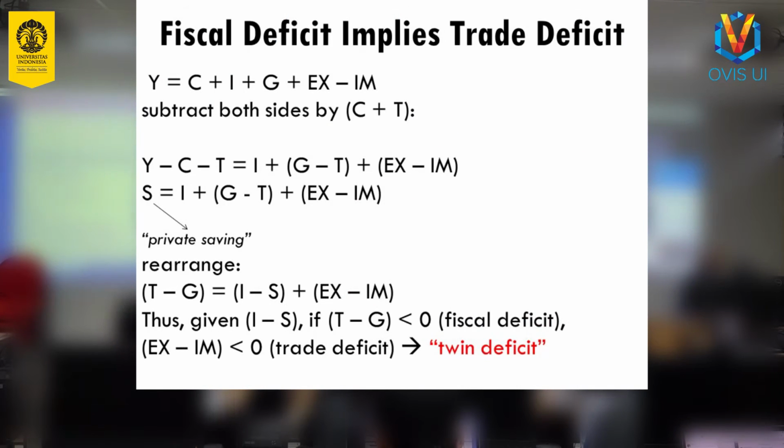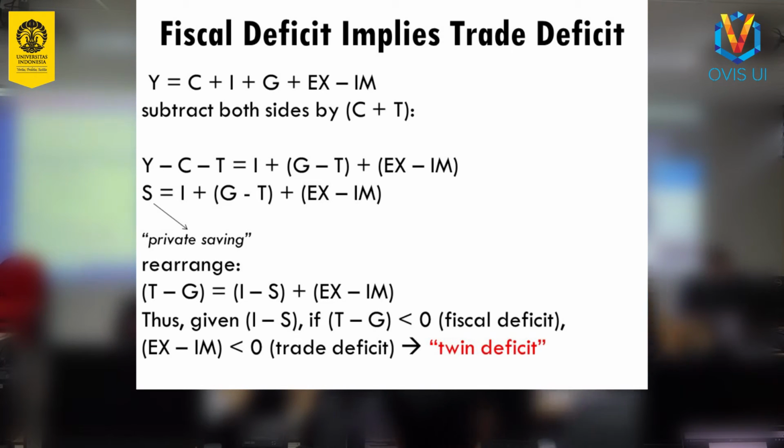So I was saying earlier, all the story that we just learned can be put in an equation, which is straightforward here. What you do is just move variables from the right to the left and so on. And at the end, what you have is this. So you have a fiscal deficit because T minus G is less than 0.